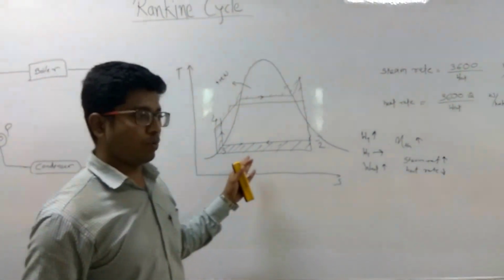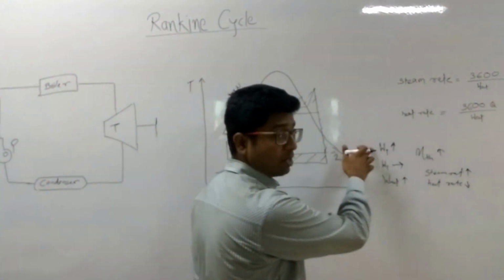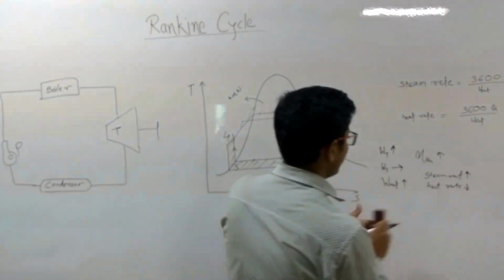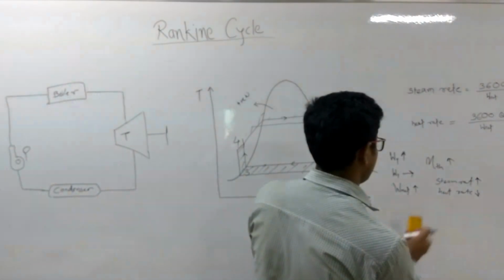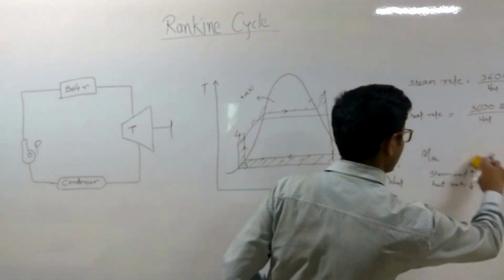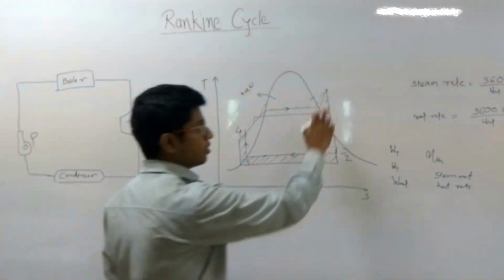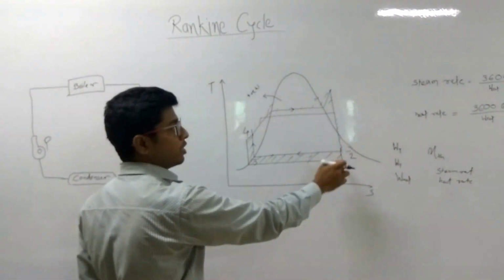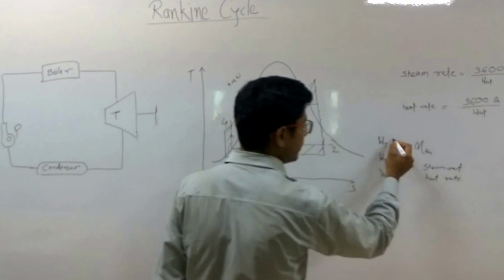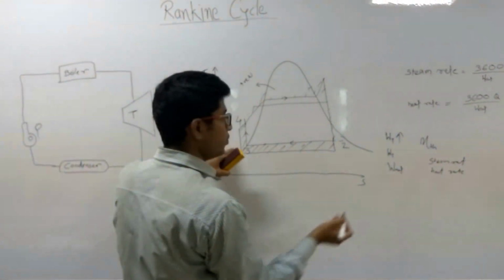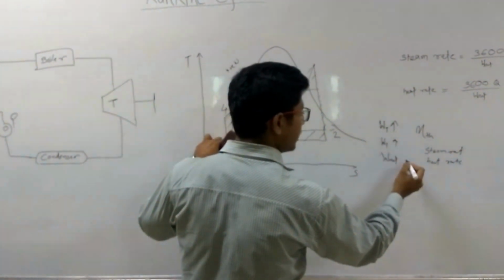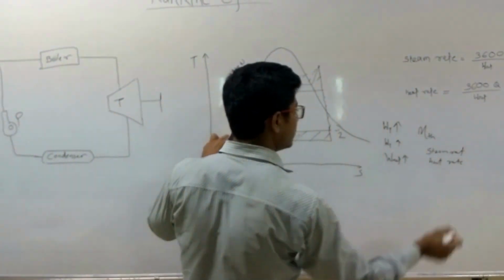In this case, what will happen to the turbine work? Turbine work will increase. From here we can say that turbine work will increase, pump work will also increase, and net work output will increase.